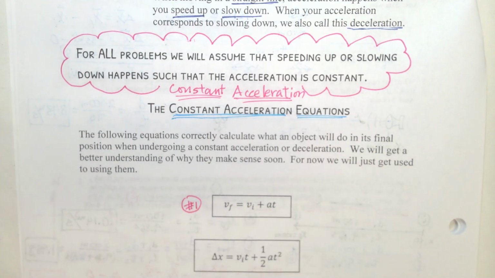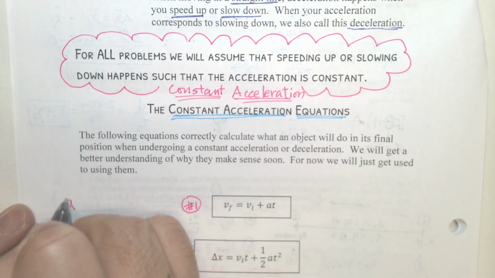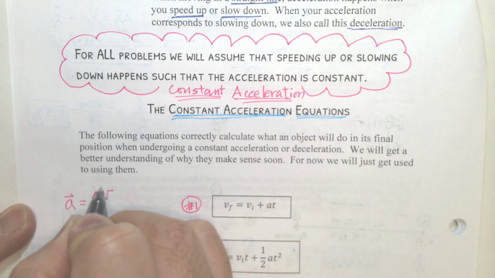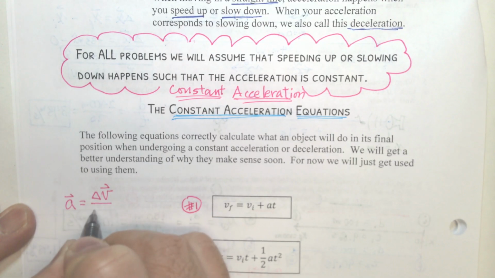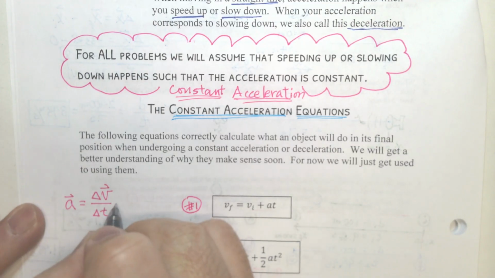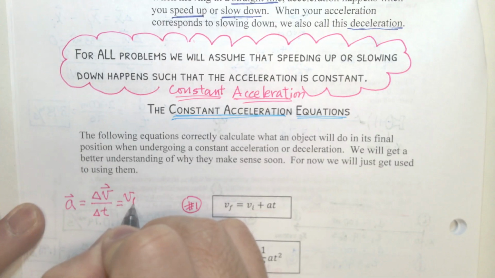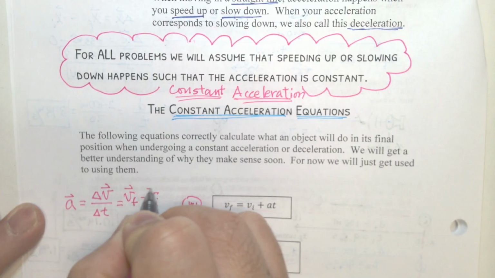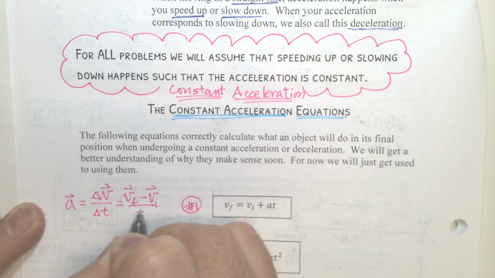This equation came directly from the definition of acceleration, because acceleration, by definition, is the rate of change in velocity. Which means it is the v final minus the v initial, divided by time t.